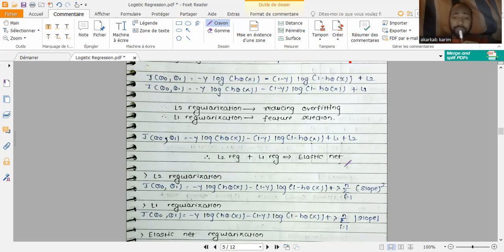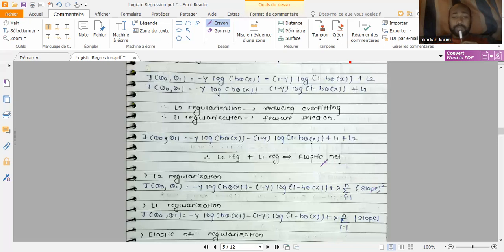In real projects, we're going to face a lot of features and variables. For this reason, we have this sigma over all the elements. So we have lambda times the sum of all these slopes squared. Slope means the slope of the equation.